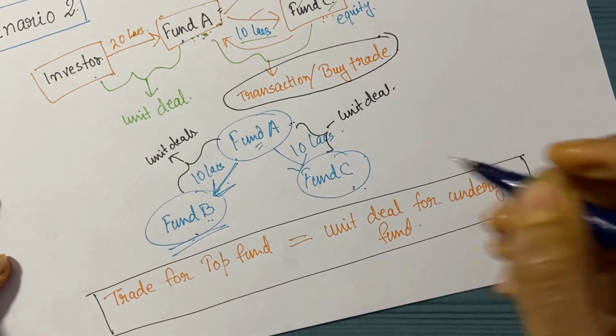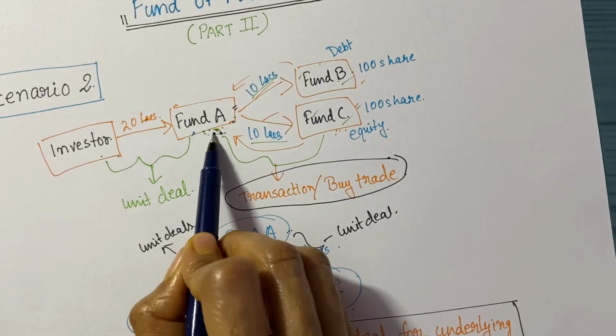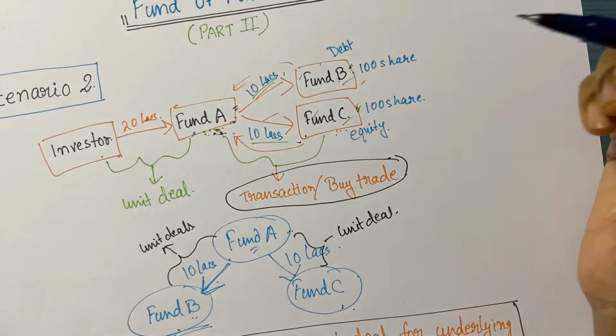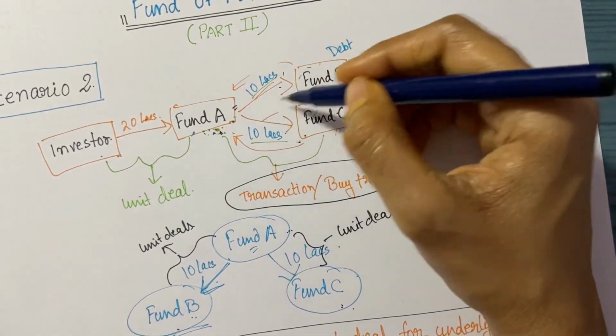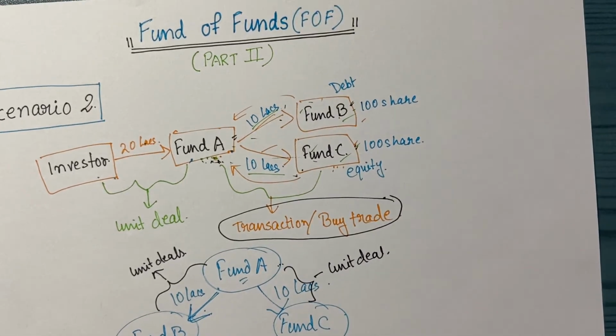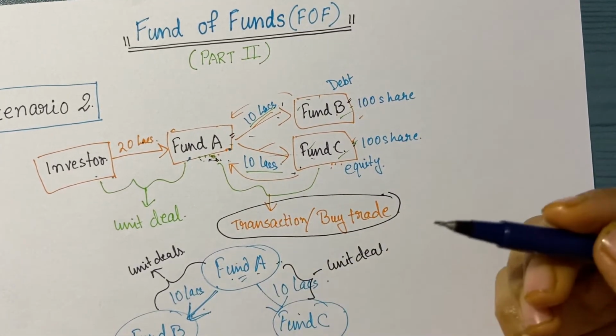If there is a trade in the top fund, when you are booking a trade in the top fund, you need to make sure that from the fund B and fund C perspective you are also booking the unit deals. Why am I telling this? Because I have seen in my career many times people miss looking at it from both perspectives.